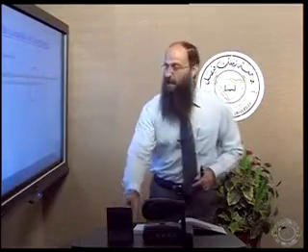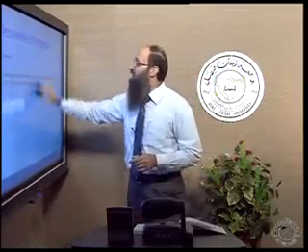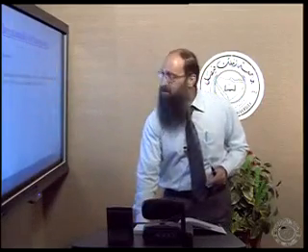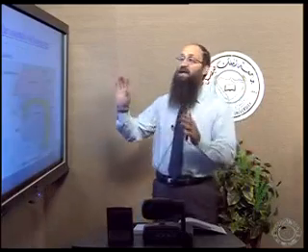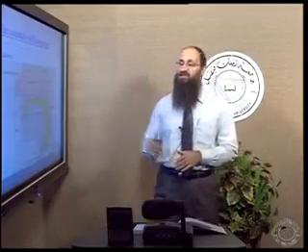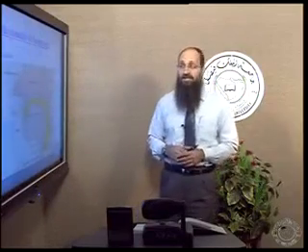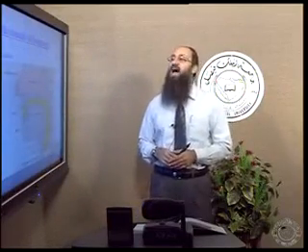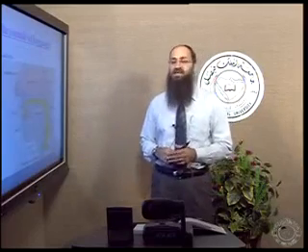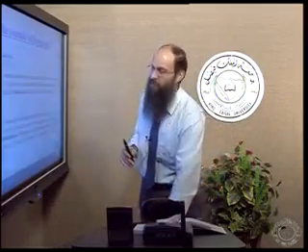Let me just go back to the slides just to summarize the sounds. The places of articulation: we started with the bilabials, then labiodentals, dentals, alveolars, palatals, velars, and glottals.